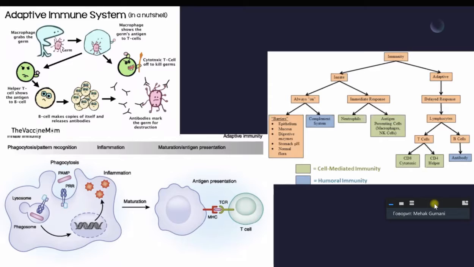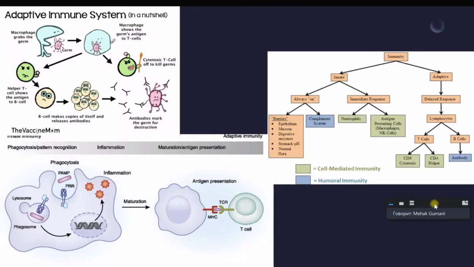It almost presents it on its own surface, which basically means that the other cells in your body can now look for that protein, and now they know the shape of that protein. It's almost like an identity card. So now you know the person's name or their contact information. It's almost like that. This is a lot of information about the invading pathogen.